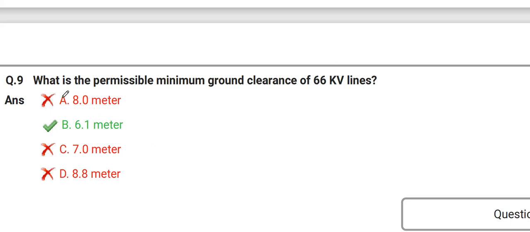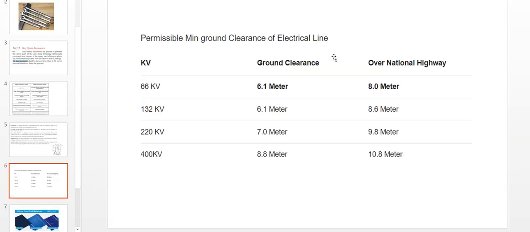So this is the next question: what is the permissible minimum ground clearance of 66 kV lines? Here several points are there, you can see on the screen. For 66 kV, the ground clearance and the height over a national highway are given. So two points are ground clearance and over national highway.